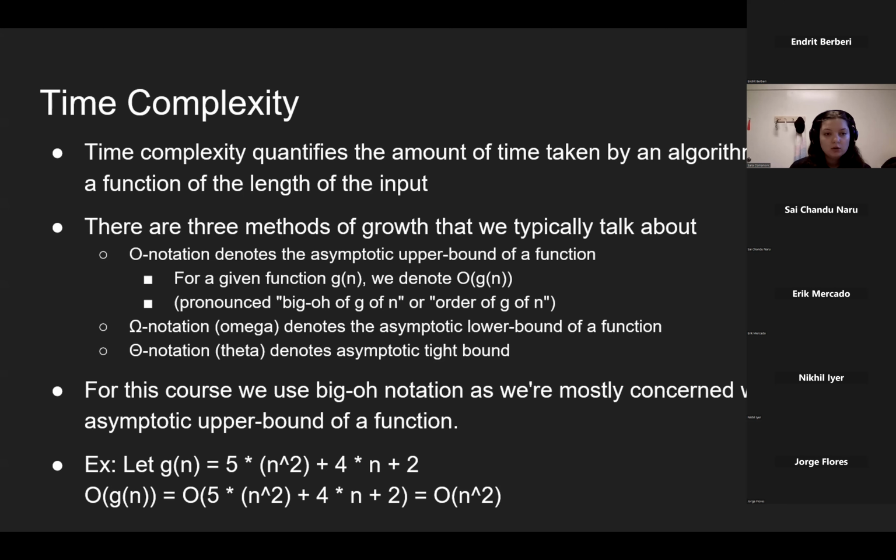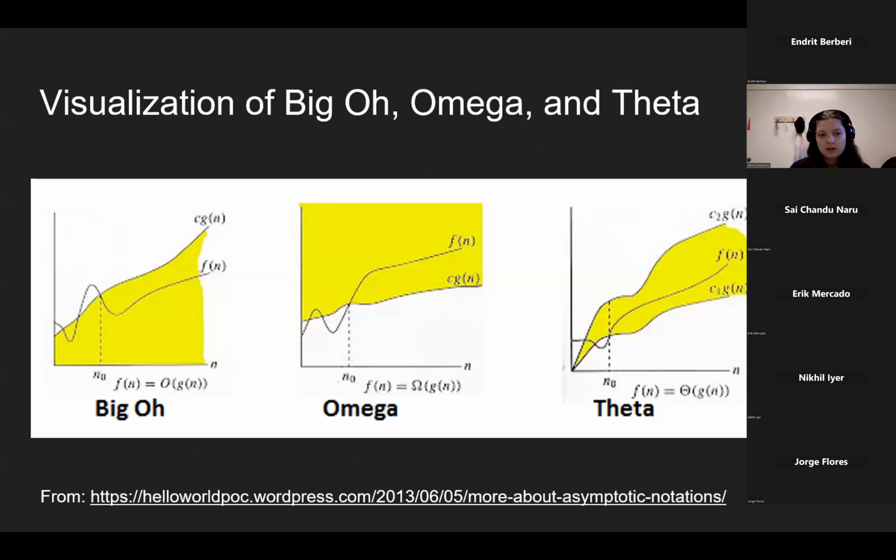We are also going to talk about, if the slides will switch. Yeah, okay, so talking about the visualization, we have big O, which is the upper bound. So when you set up function g of n, inside this big O of g of n falls every function that grows slower than g of n.